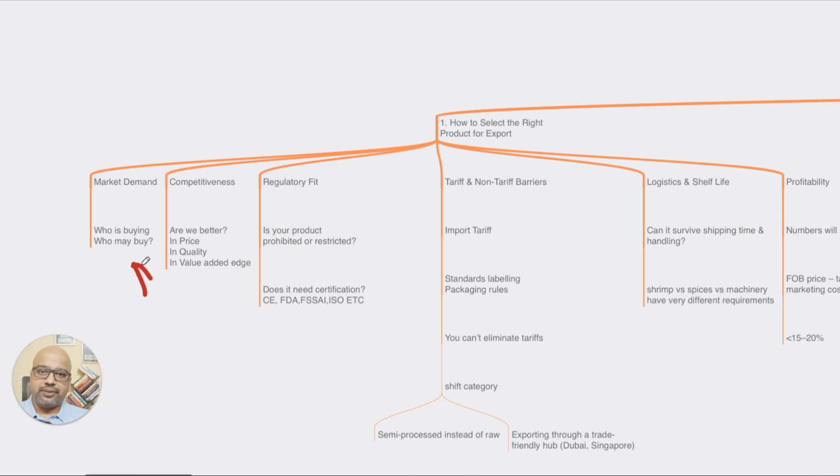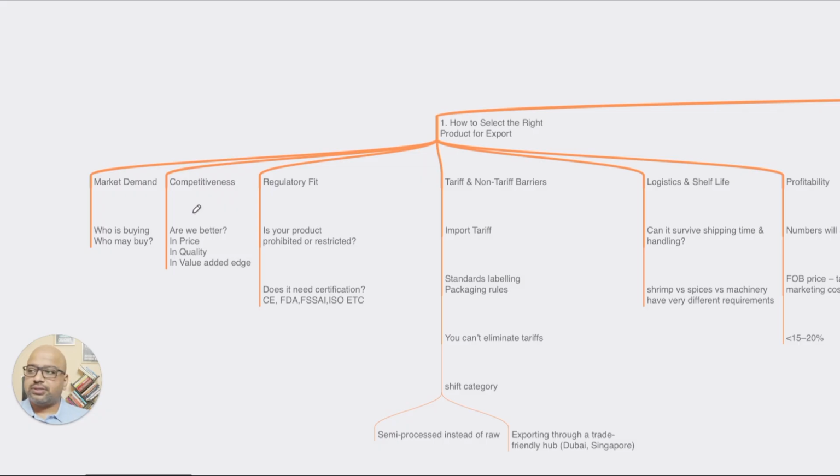Apart from that, orders come in from various departments or sectors you have never thought of, so you need to look at this innovatively. If someone is buying, you need to target them first. The second is who is not buying but who may buy, who has the capacity to buy. Help them out, show the value, and you can start selling your products to them.